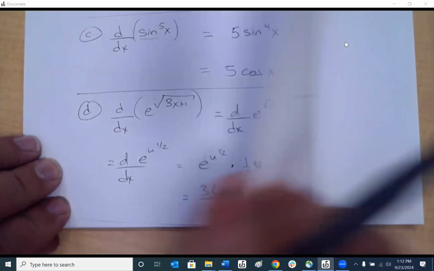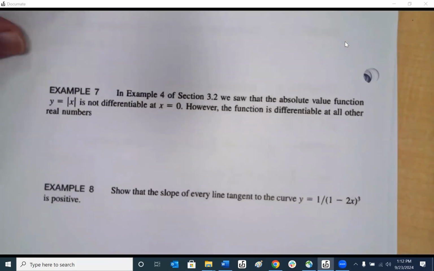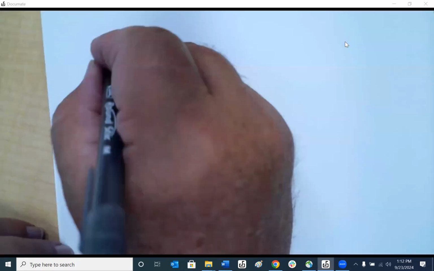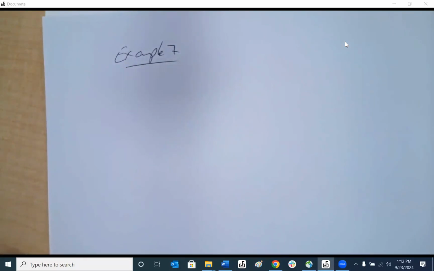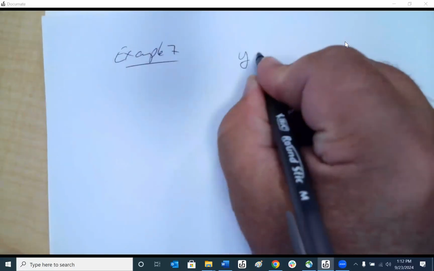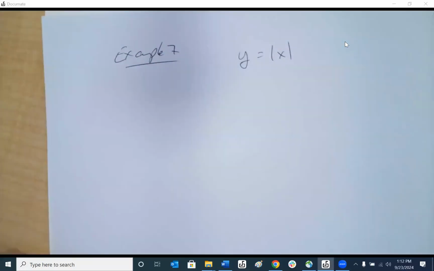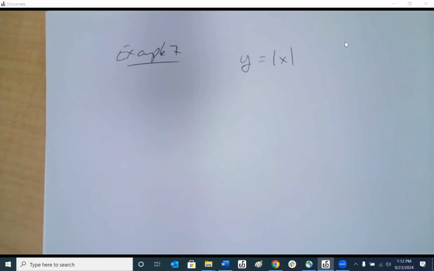Okay, now the last two questions of this section. Let's see, example 7. It says the function is not differentiable at 0. However, the function is differentiable at all other numbers. This is differentiable everywhere except at 0.